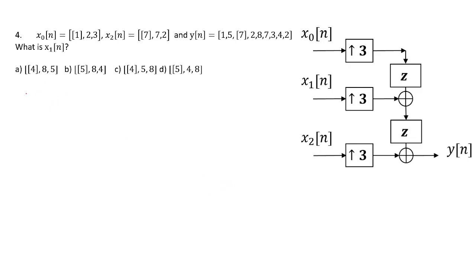Here, let me write down the problem again. You have input sequence x0 of n, you are feeding it to an upsampler block, then passing it through an advance operator.